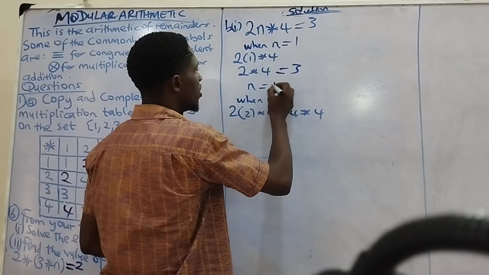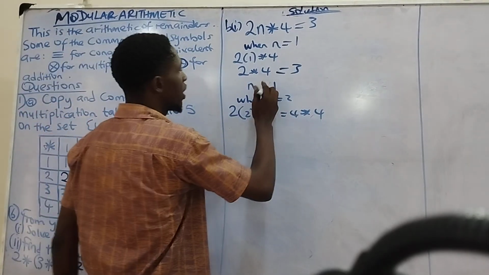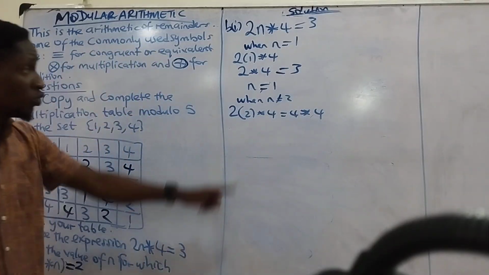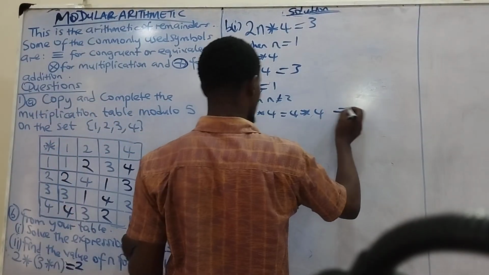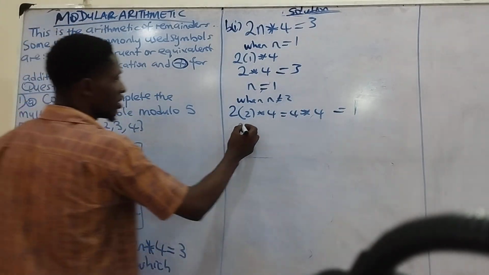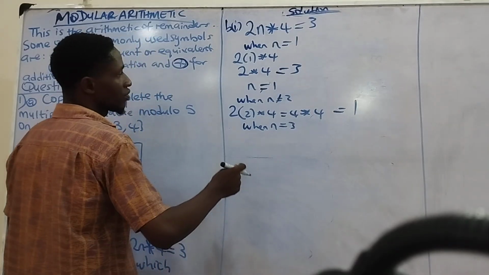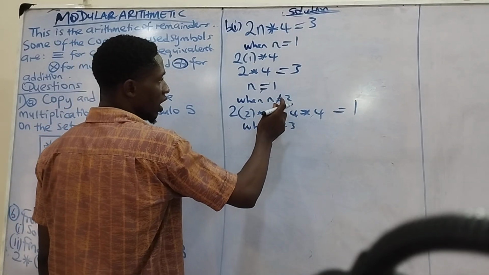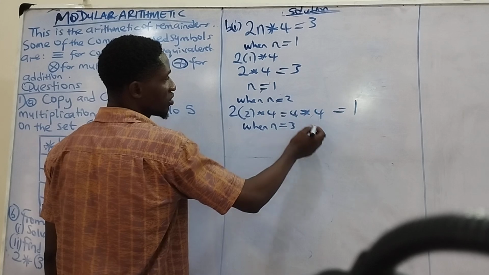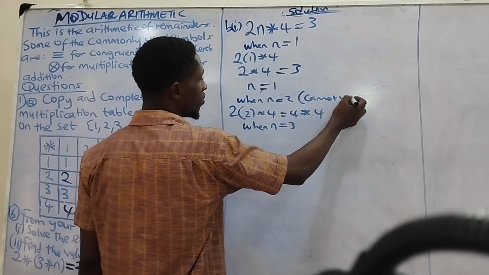So n cannot be equal to 2, because if we do that, what we are going to get as our answer is 1, and 1 is not here. Okay, let's try 3.